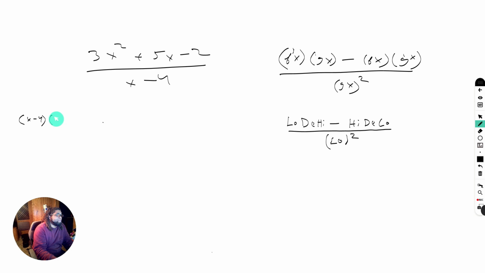So the derivative of 3x squared is going to give us 6x, plus 5. Then we're going to say minus high, which is just our original numerator statement. And then we're just going to say d low, so the derivative of the denominator, which is just going to be 1.